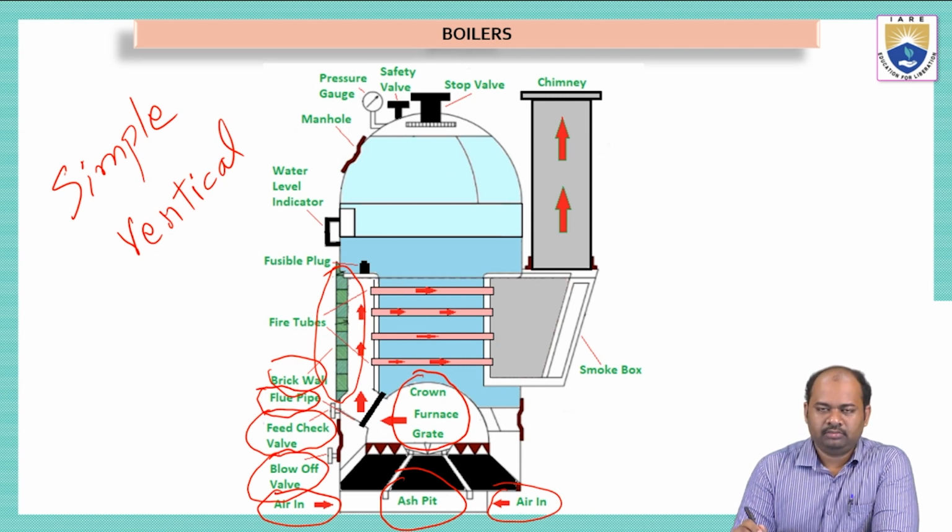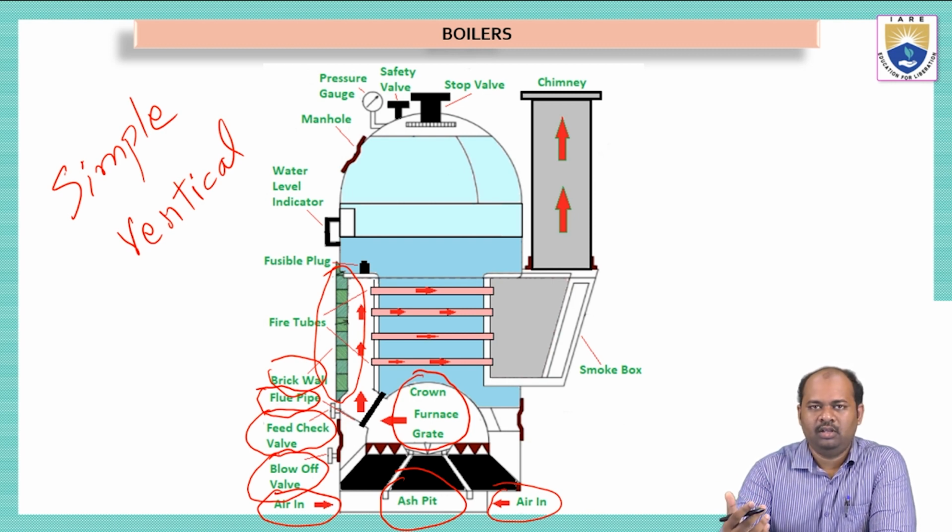So what happens if everything is done in an open atmospheric condition? The heat generated from the hot gases coming out of the combustion of the coal will be lost into the atmosphere. But we cannot waste the energy. So we have insulation around the boiler with the help of masonry bricks.